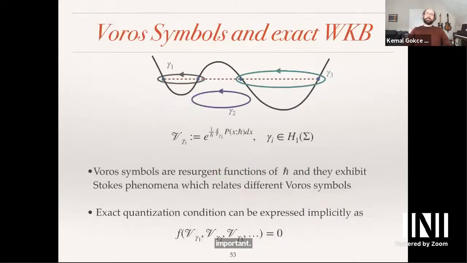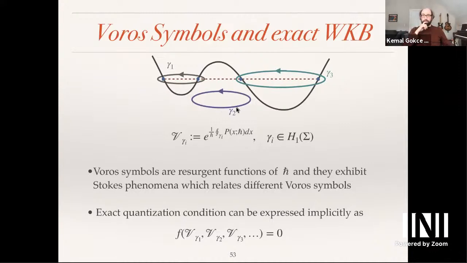So in general, instead of talking about actions, we can talk about Borel symbols. The overview is that in general there are multiple cycles, and associated with each cycle there's a Borel symbol.